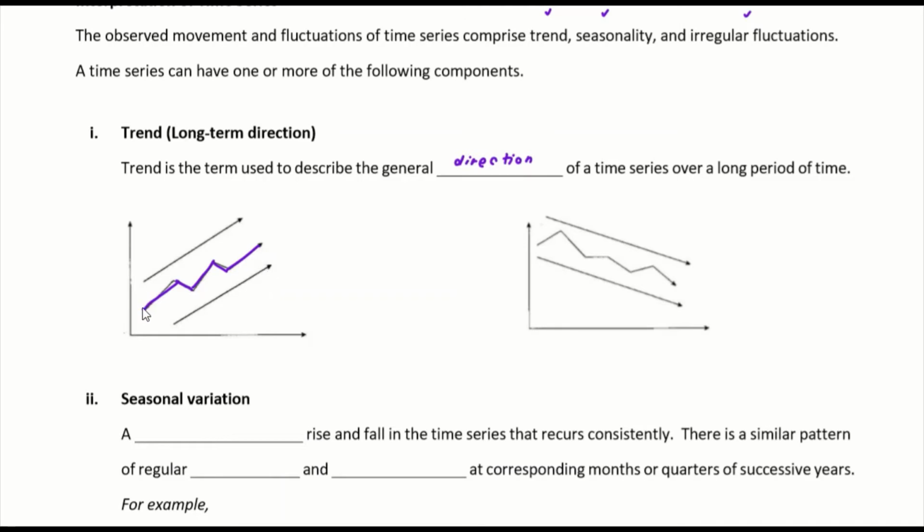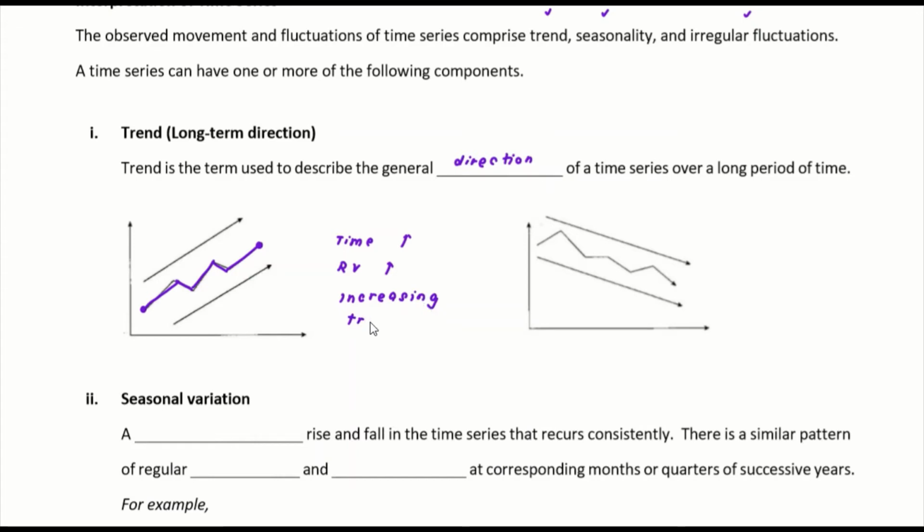Although there are increases and decreases within the data points, when you look at the general trend here, it's actually increasing. As time goes on, your response variable is increasing. When I compare the initial point and the last point here, it's obviously increasing. So in this case, we call this an increasing trend.